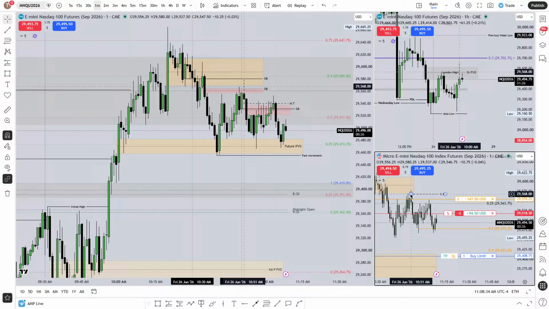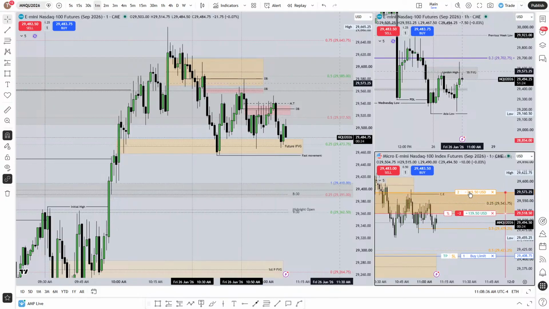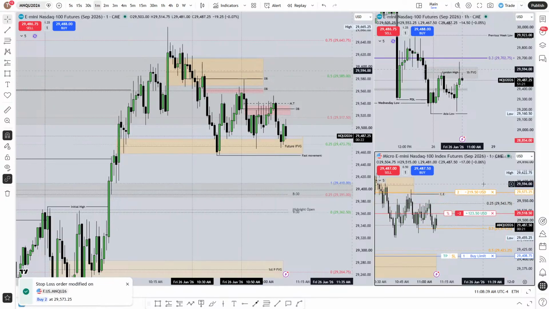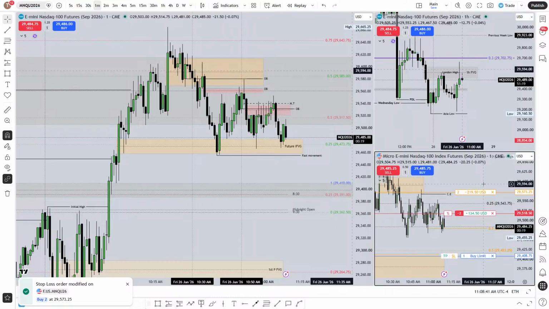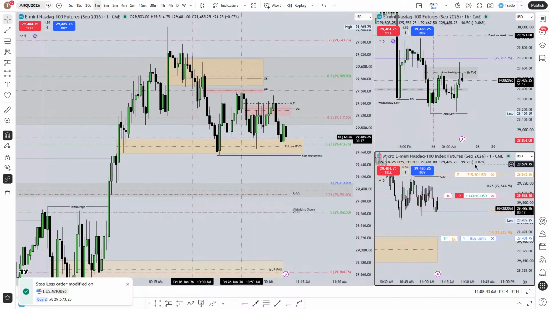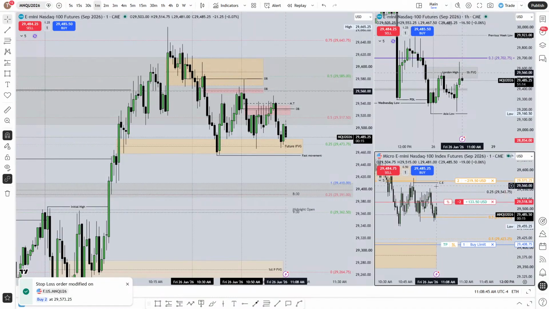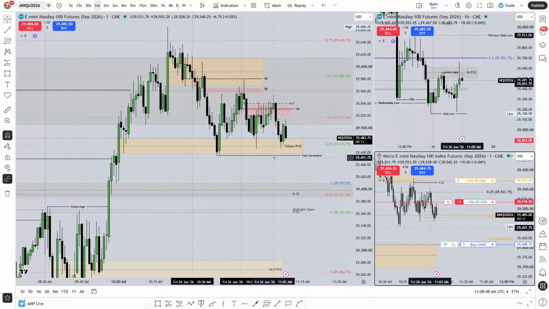Part of me wants to keep my risk above the CE of this. It's just a matter of how committed I am to the trade because, again, I want to limit my risk, but I am confident of lower prices.